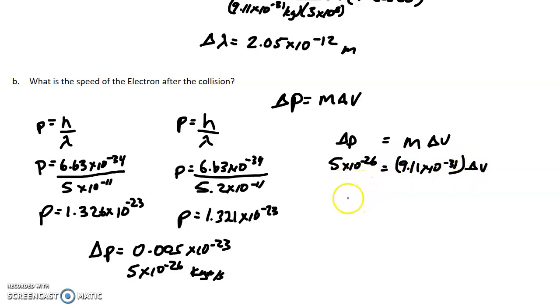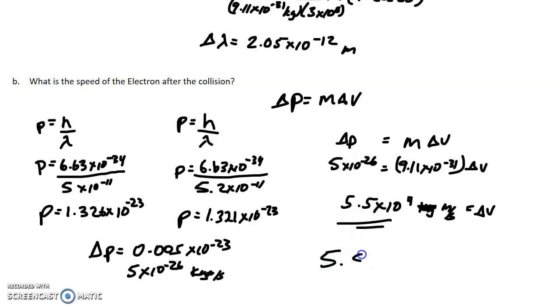Dividing both sides by that mass, you will find that this is now moving at 5.5 times 10 to the 4 meters per second, as its change in velocity. But because this electron was at rest before, that does wind up being its final velocity, 5.5 times 10 to the 4 meters per second.